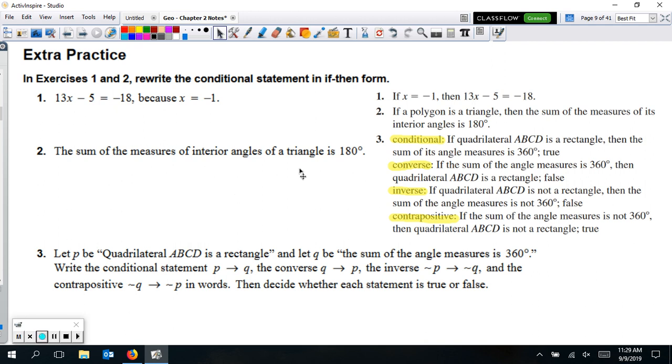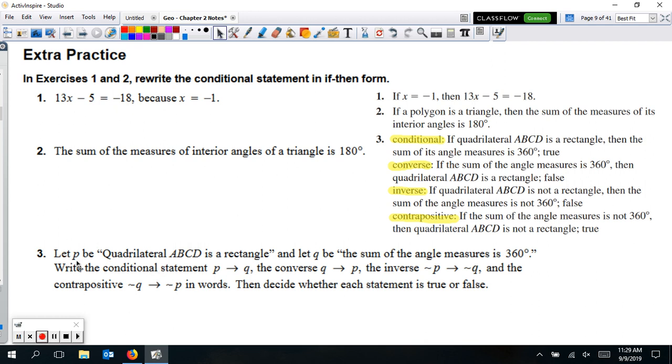If your hypothesis is that this figure is a triangle, then we can conclude that the sum of the measures of its interior angles is going to be 180. This is a true statement they're giving us, same as here: if we know that x equals -1, then we can say that this is going to equal -18.